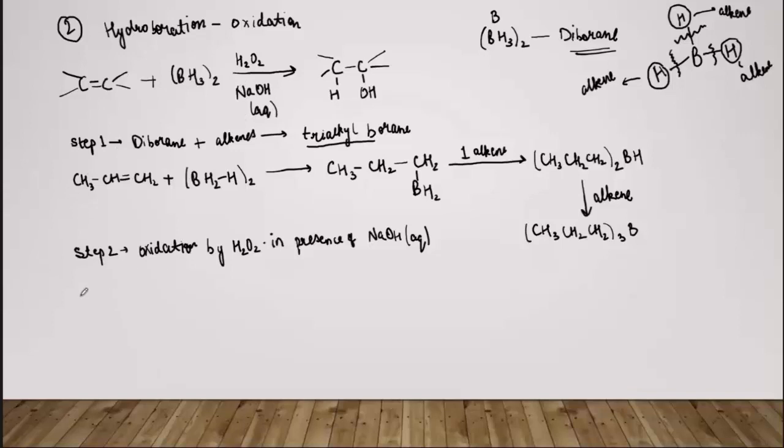This is the product of the first step, trialkyl borane. When this reacts with aqueous NaOH and H2O2 as an oxidizing agent, I am writing here what is the role of this reagent.